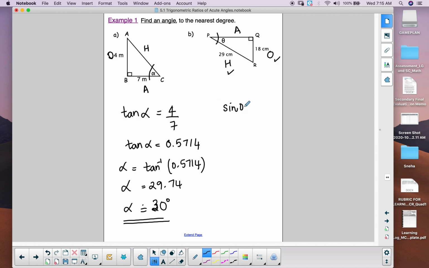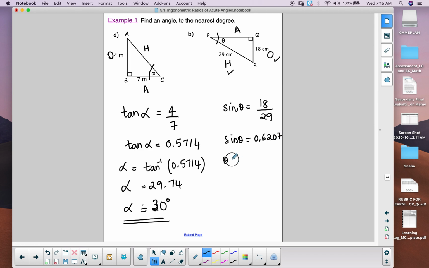Sine of theta is equal to the opposite side, 18, over the hypotenuse, 29. So sine of theta is equal to, let's do 18 divided by 29 on our calculator and take our answer to 4 decimal places, 0.6207.